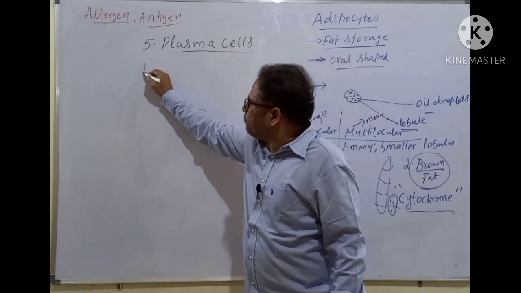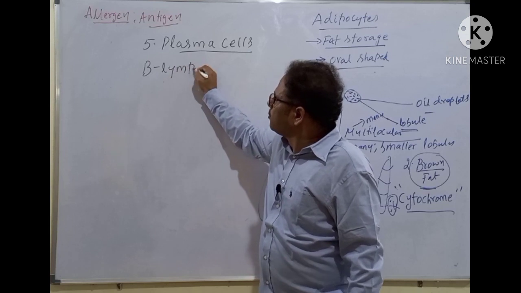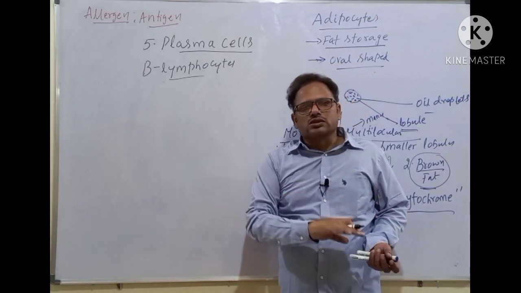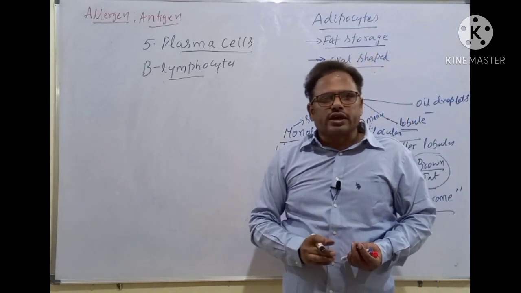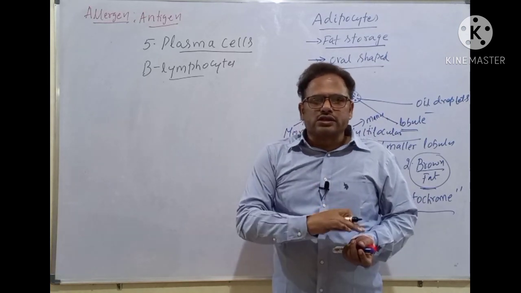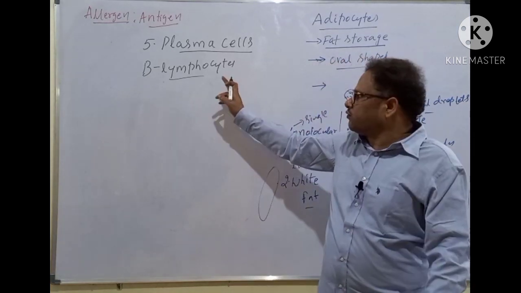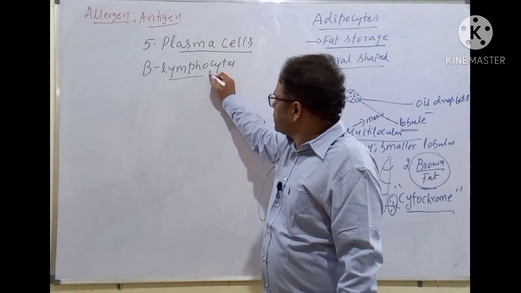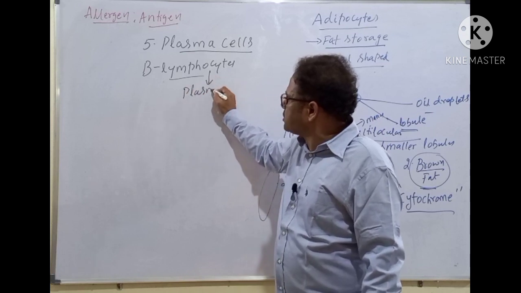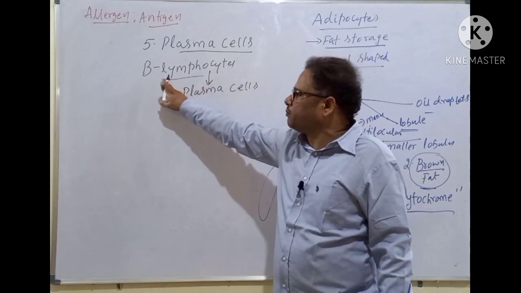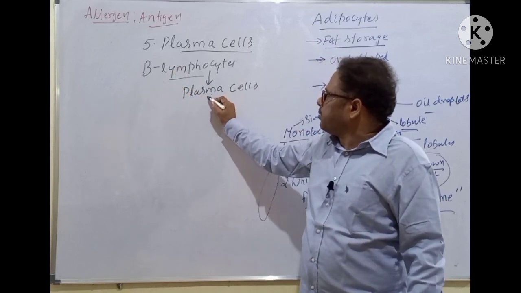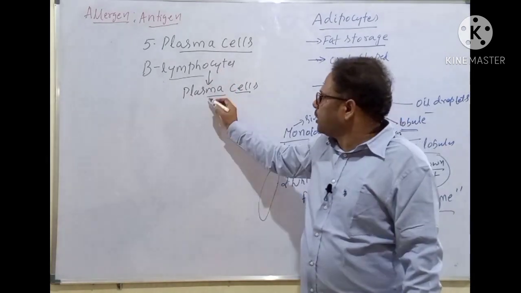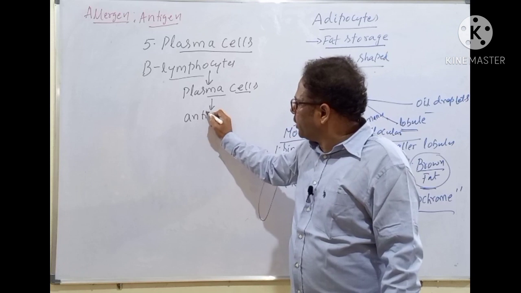Plasma cells are released by the B lymphocytes. What are B lymphocytes? WBCs are granulocytes and agranulocytes. Agranulocytes are of two types, monocytes and lymphocytes. The lymphocytes are of two types, B lymphocytes and T lymphocytes. B lymphocytes secrete the plasma cells, and plasma cells are a type of cells present in the areolar connective tissue. The plasma cells release the antibodies.